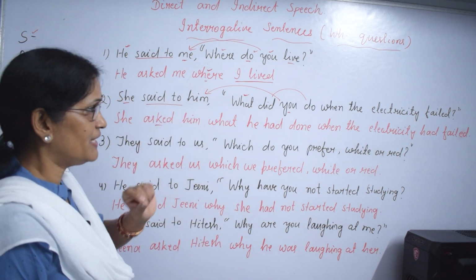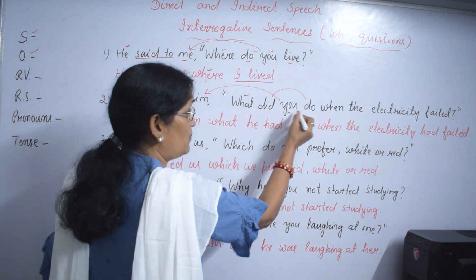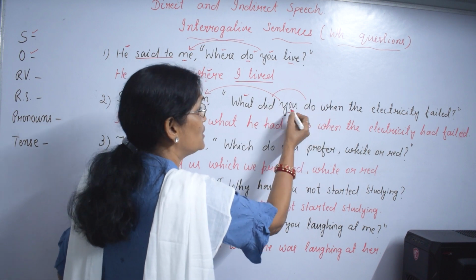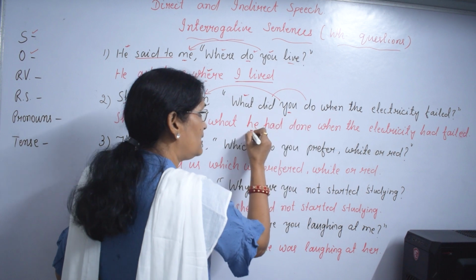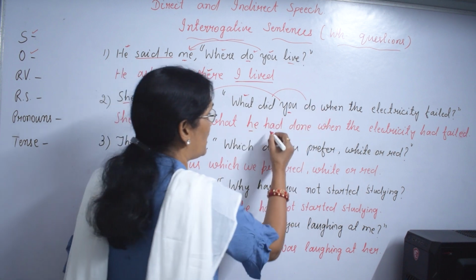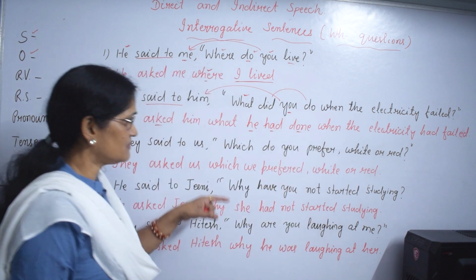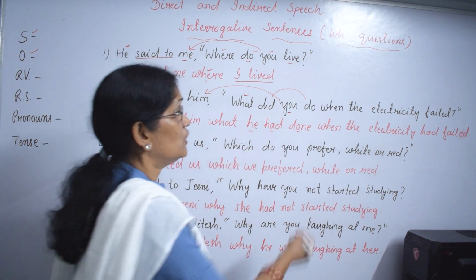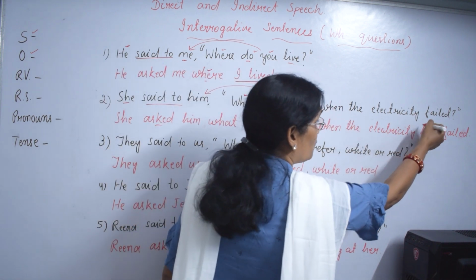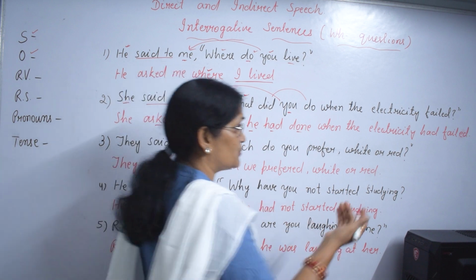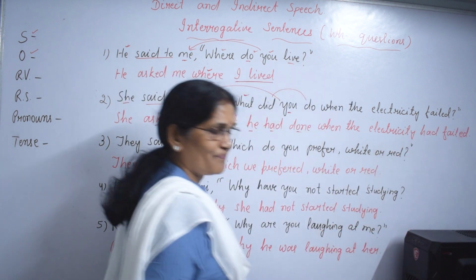Its subjective form is he. So did you do, you did, will be he did, and simple past will become past perfect, so had done. What he had done when the electricity failed. Failed, simple past, will be changed into had failed.